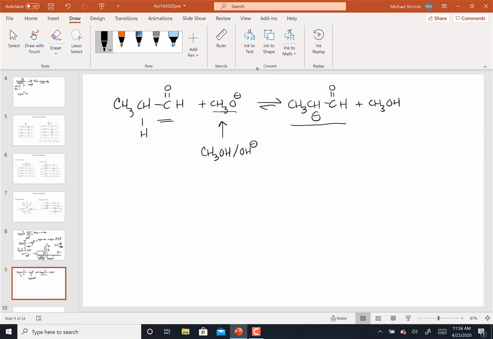That was a big problem unless you wanted to do what are called self-aldol condensations, but it really limited the way that you could use this enolate as a good nucleophile. What we really needed was a way to push the equilibrium 100% and make that enolate 100% of the time, without the equilibrium.